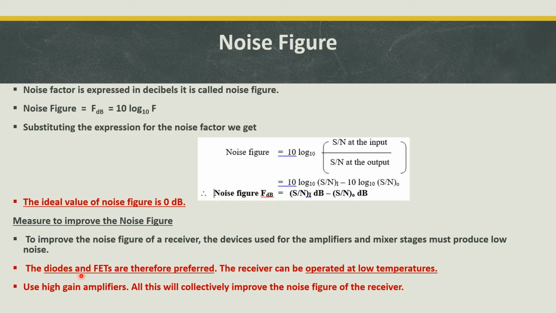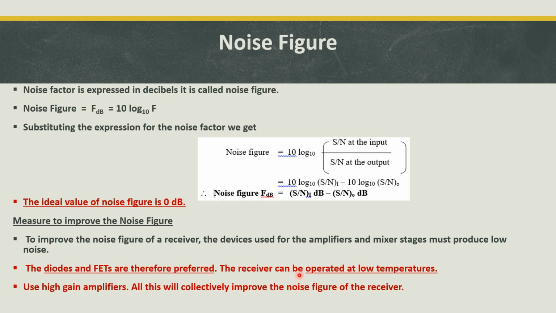The diode and FET are preferred compared with the transistor. Diodes and field effect transistors reduce the noise level in the communication system because the number of junctions is less in a diode and field effect transistor. If the number of junctions increases, the partition noise will increase.